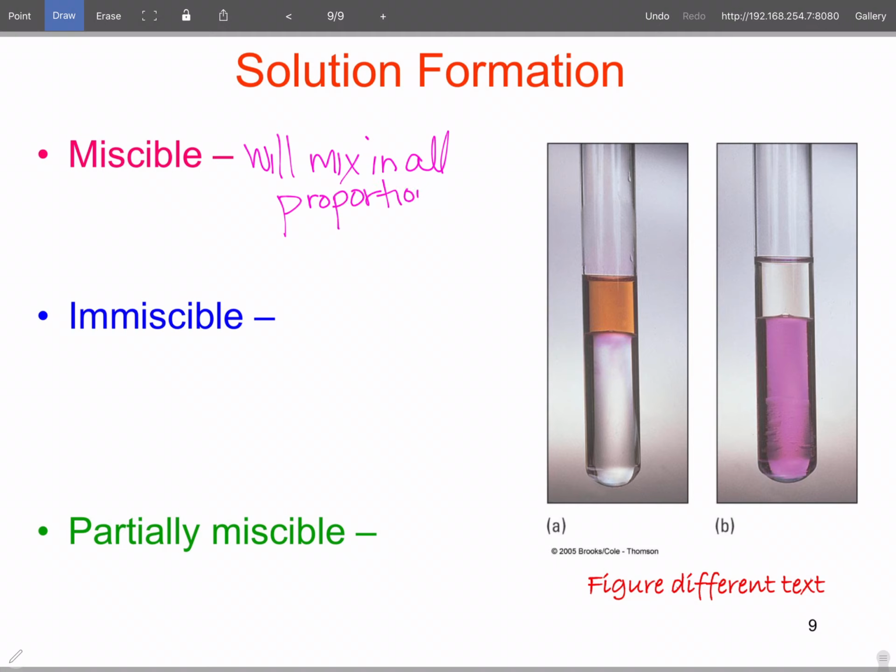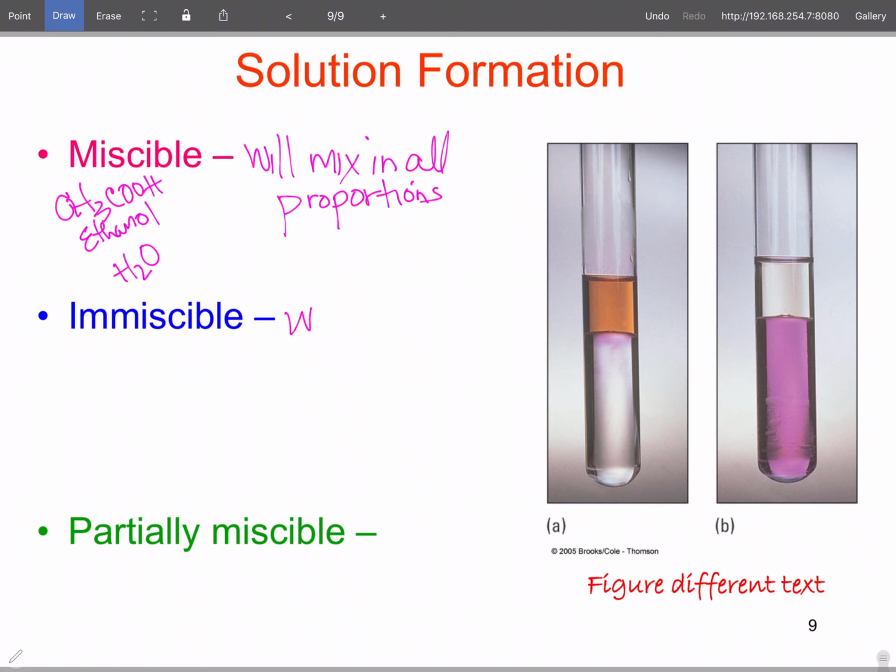One of the things we find is ethanol, CH3COOH, that's ethanol, is miscible with water. So it doesn't matter whether you mix a little ethanol with water or a lot of ethanol with water. It will mix in all proportions.